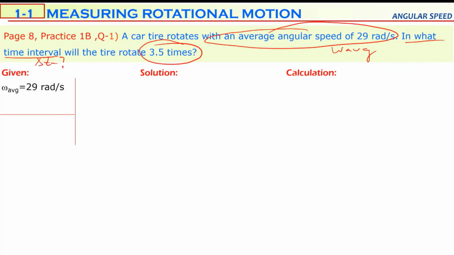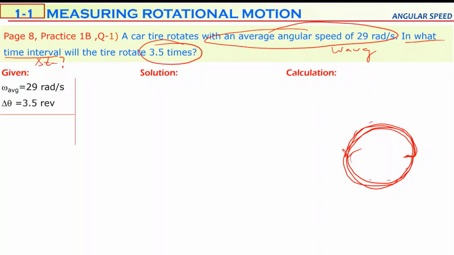This 3.5 times means the tire is turning 1 time, 2 times, 3 times, and a half, which means 3.5 rotations or 3.5 revolutions.